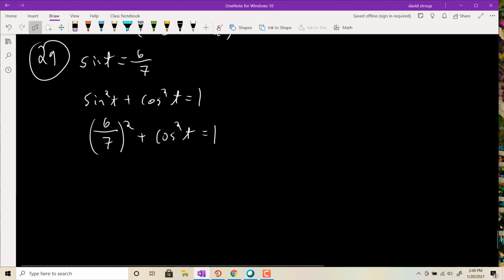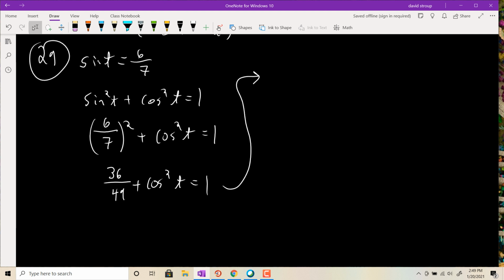6/7 squared is 36/49, plus cosine squared t is 1. Then solve for cosine squared, get that all by itself: it equals 1 minus 36 over 49, which is the same as 49 over 49 minus 36 over 49.